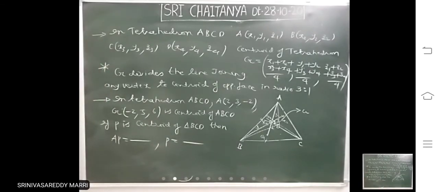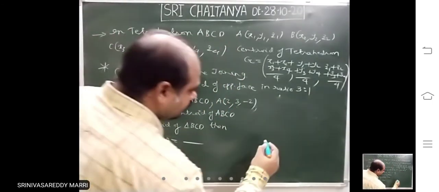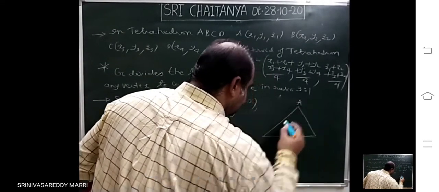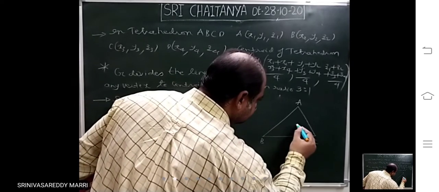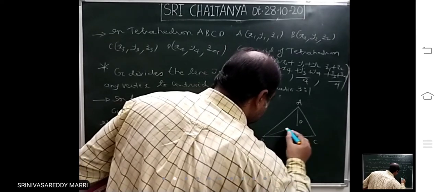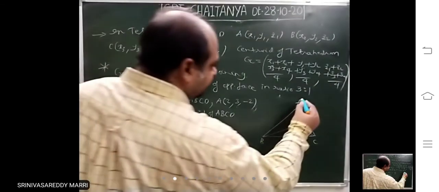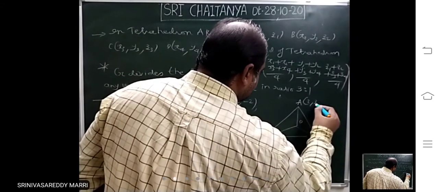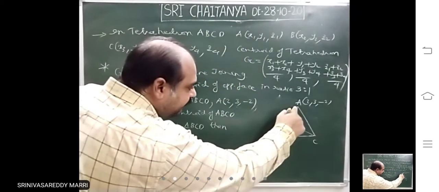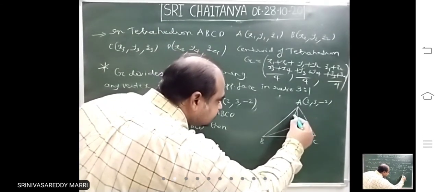Look at this problem. I am drawing the diagram again. A, B, C. A is given to you, and the centroid of the opposite face. Opposite means BDC face. I am joining this centroid.